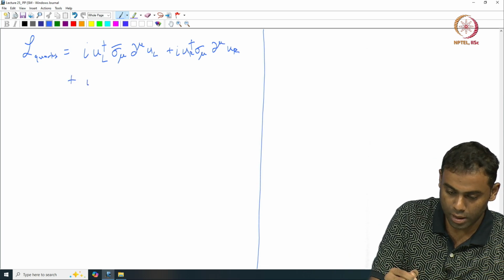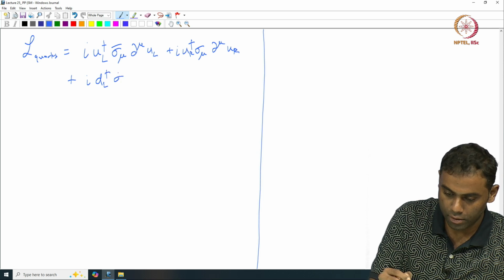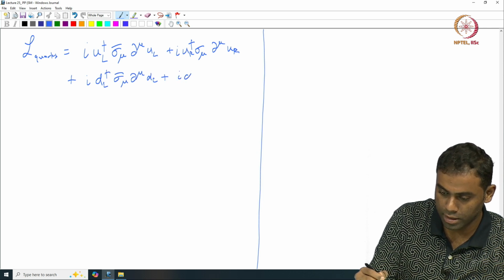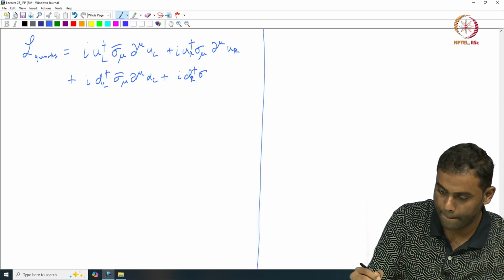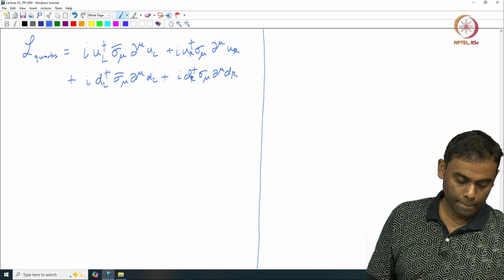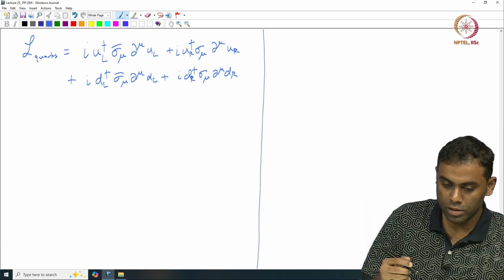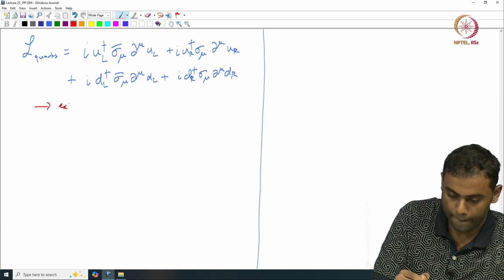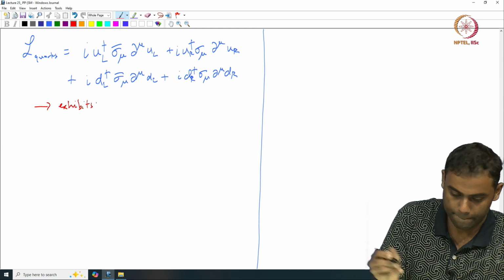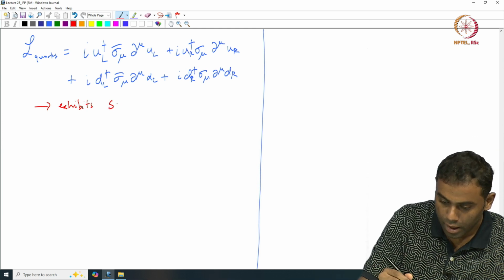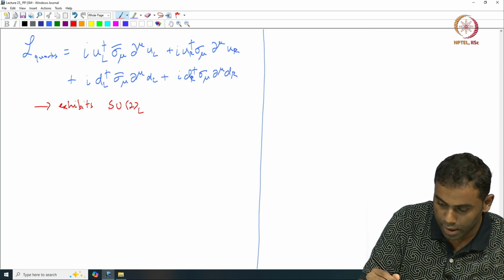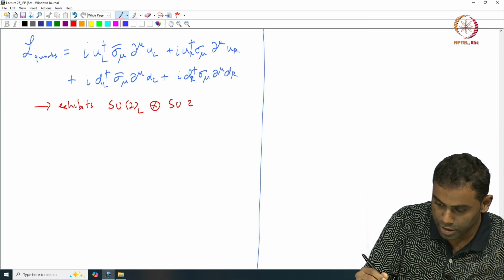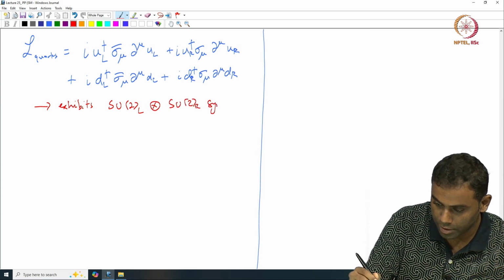That is for the up quark, and the down quark also I have something very similar, right. Right. Now, notice that this exhibits an SU2L times SU2R symmetry.